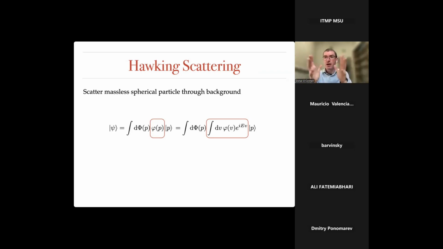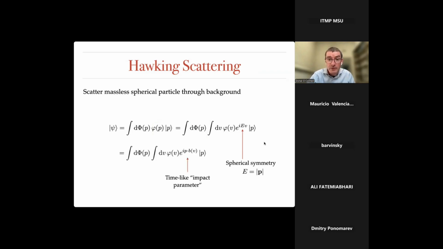Classical gravitational waves require some sort of a quadrupole. This is spherically symmetric, so there's no quadrupole. You'll get no classical wave emission. So the dominant radiation will be this pair production process. Okay, so the spherical symmetry is imposed by just choosing this to be a function of energy.